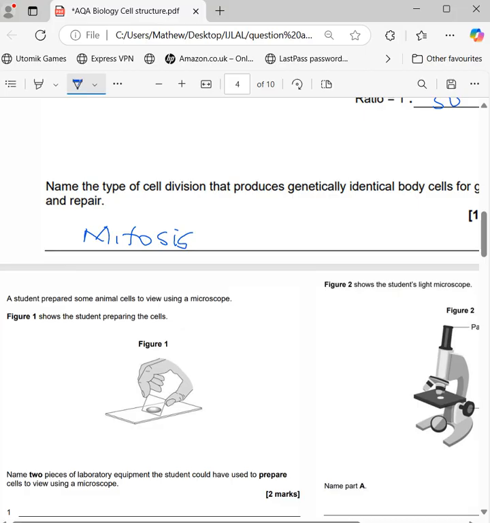Remember, there are only 2 types: mitosis and meiosis. Meiosis gives rise to genetically different cells, and is only needed for formation of gametes, that's sperm, egg cell, and pollen grains. While mitosis is used for the production of every other body cell and gives rise to identical cells.